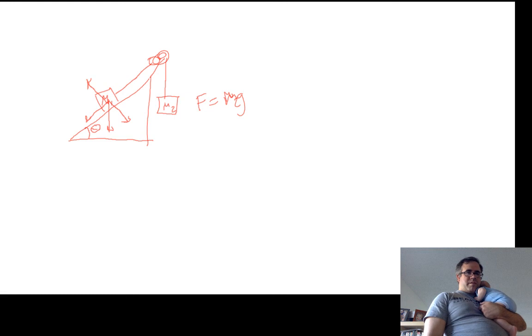So the force of the normal is going to be m2g times the cosine of theta.